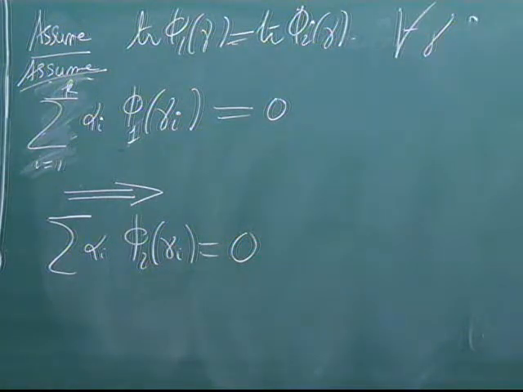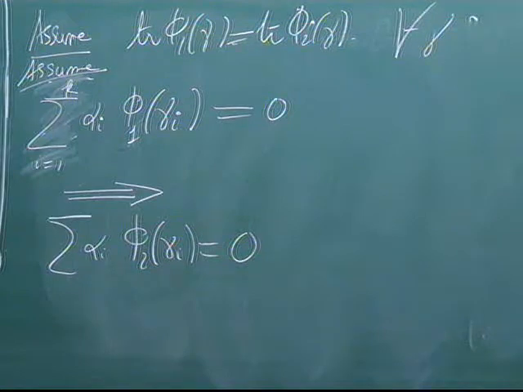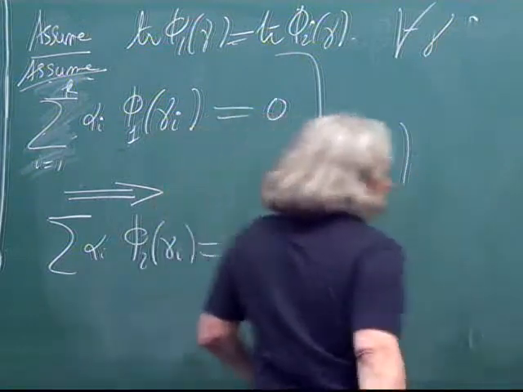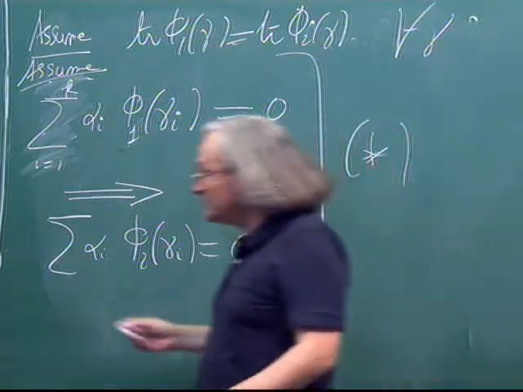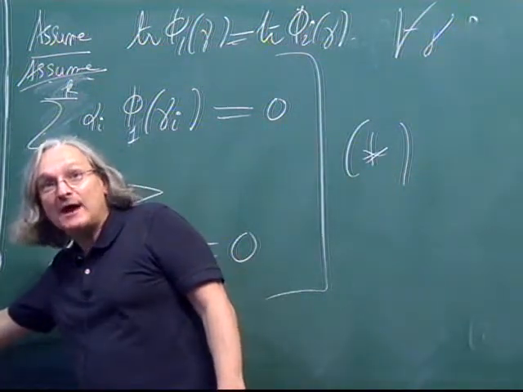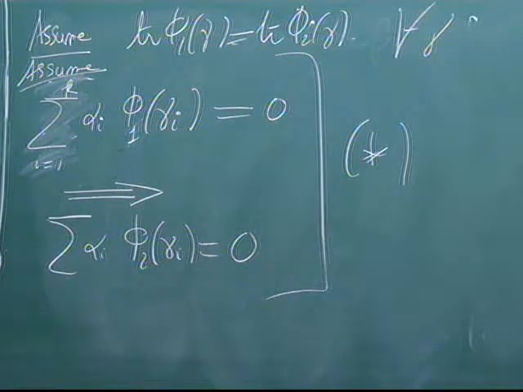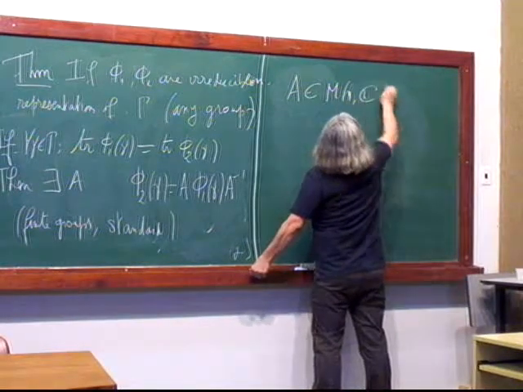Assume that for a moment. If this is true, I can easily construct an automorphism of the algebra M_n(C). How do I do it? Take a matrix A in M_n(C), an n by n matrix.